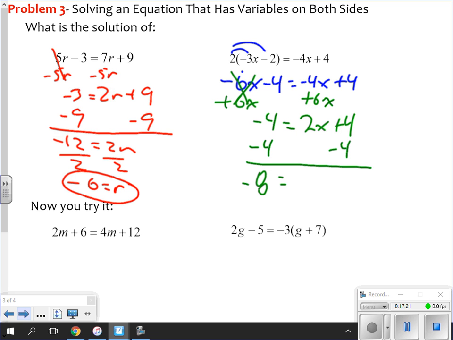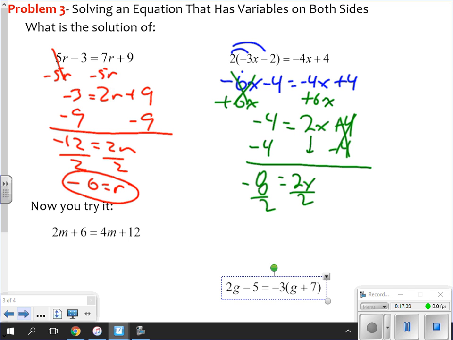My 2x just comes down, and my plus and minus 4s cancel each other. Divide both sides by 2, and I get negative 4 equals x.